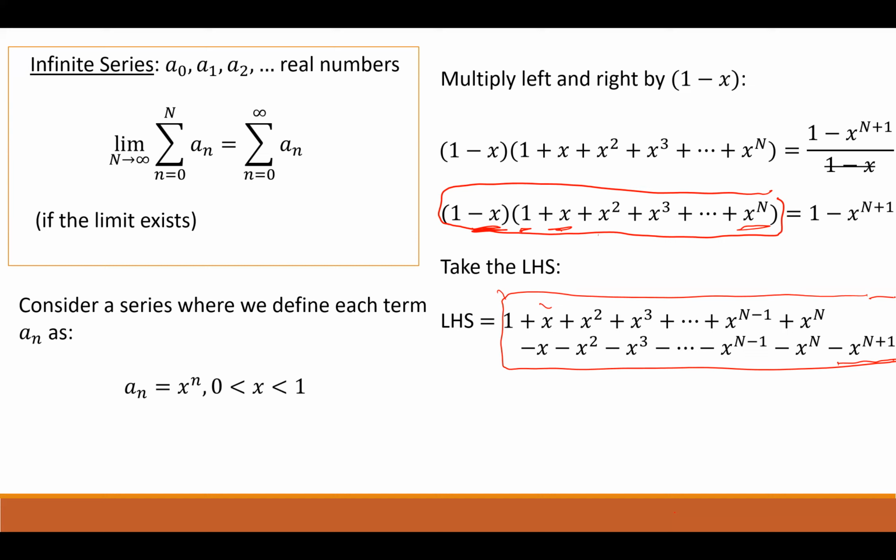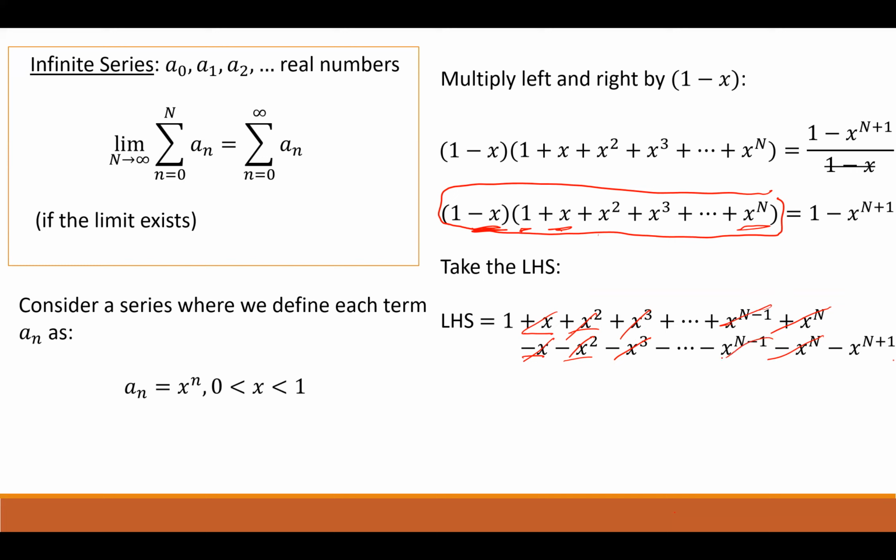Okay, so now what do we do? Well, we look for all these terms that are going to cancel each other out. So I have plus x here and minus x there, so they cancel each other out. I have plus x squared and minus x squared, so they cancel each other out. And so on, all the way down to x to the power big N minus x to the power big N. So all of these are equal to 0.